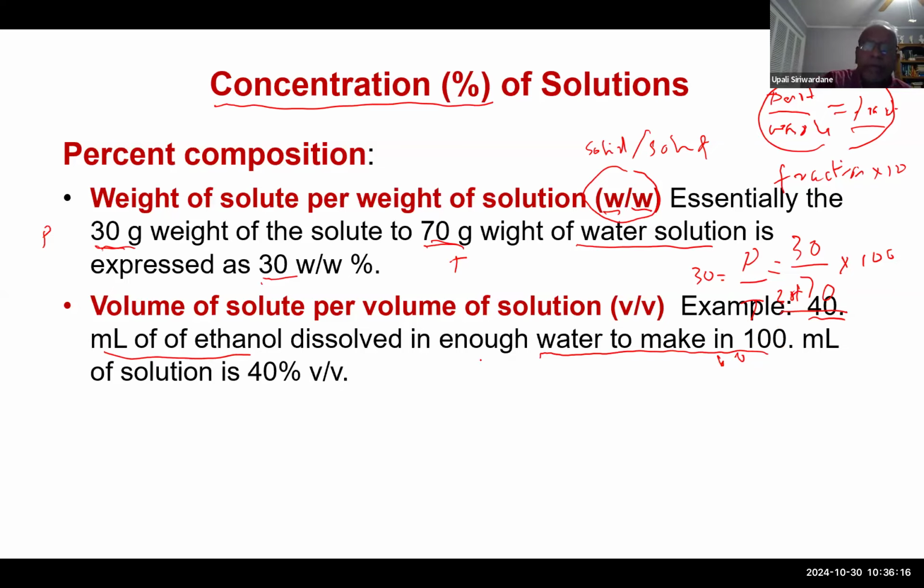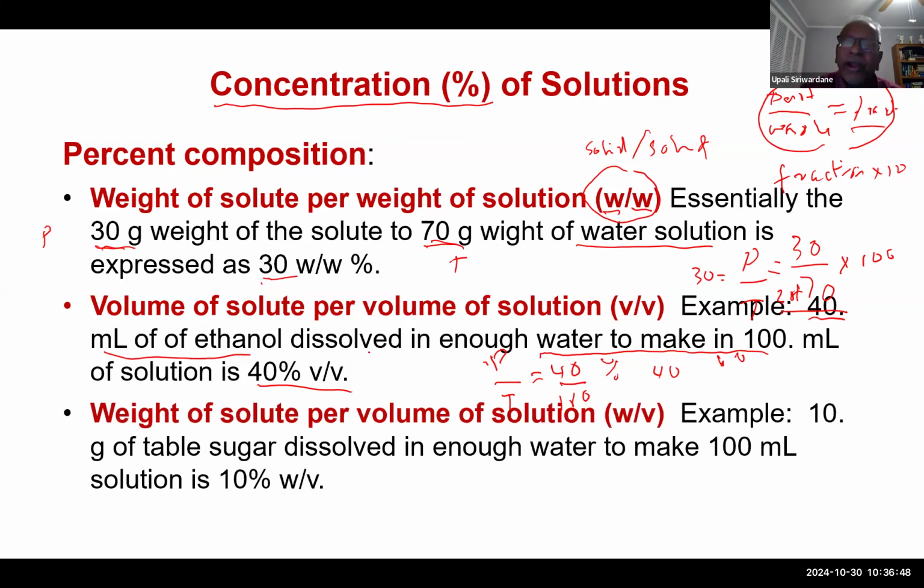So when you do that, the part is 40, the total is 100, multiplied by 100 gives percent. That's how you get volume by volume concentration, either weight by weight or volume by volume or any other combination.